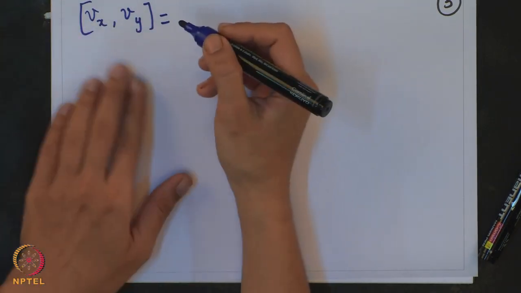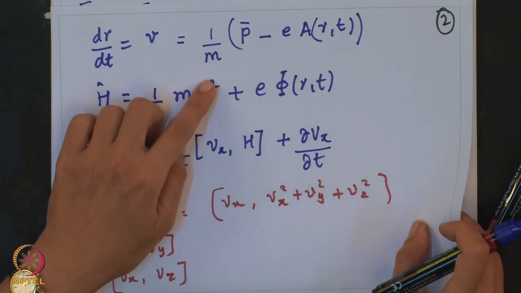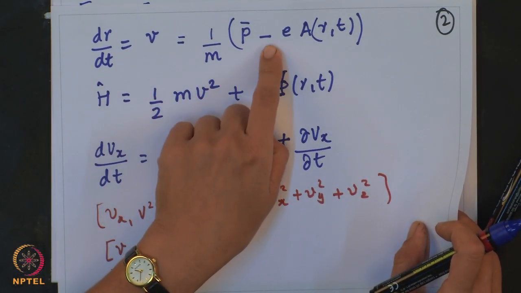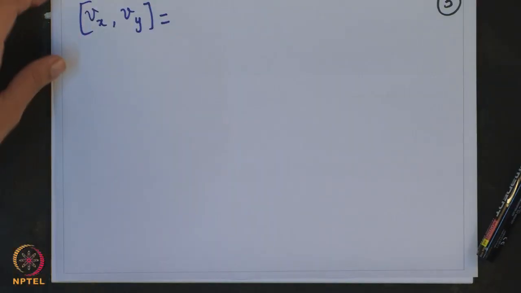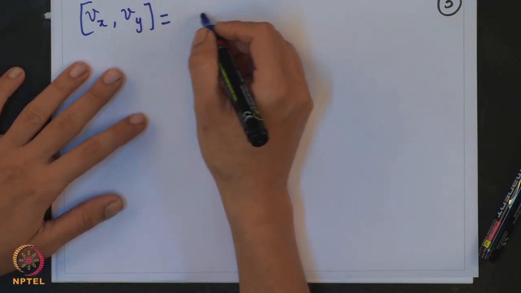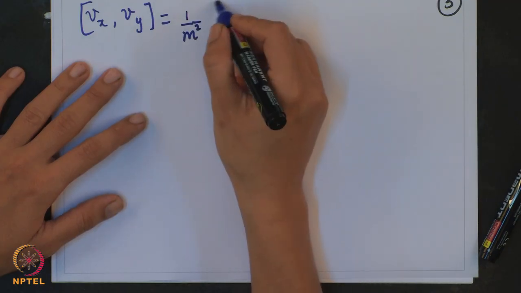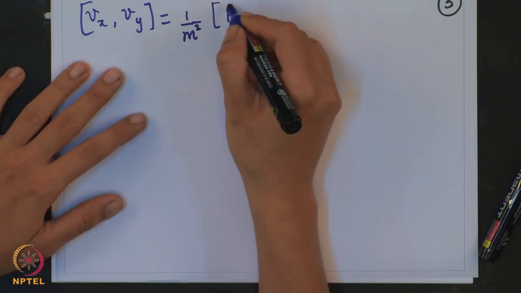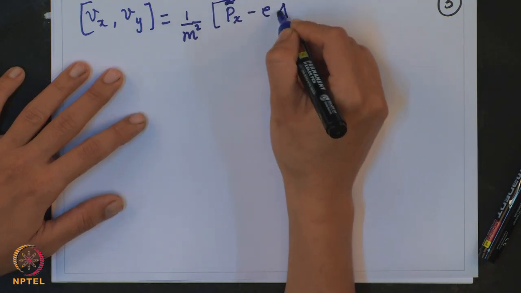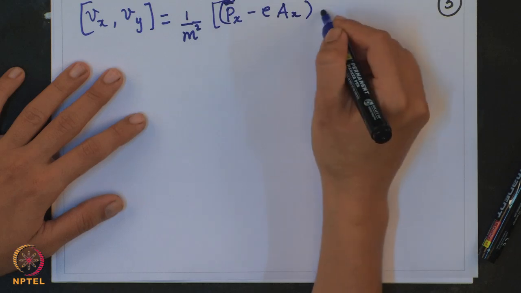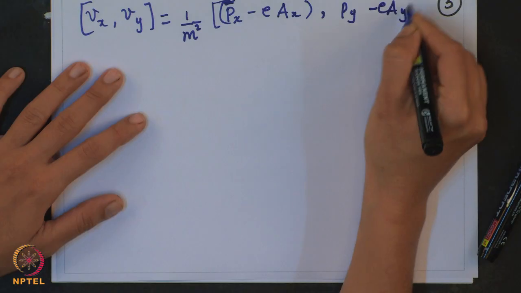So, Vx, Vy you will substitute for V, that is 1 by m (Px minus eAx), similarly for Vy. So, you will have 4 terms. So, the 4 terms would be, let me write 1 by m square, I have Px minus eAx, this is the first term, commuting with Py minus eAy, correct.